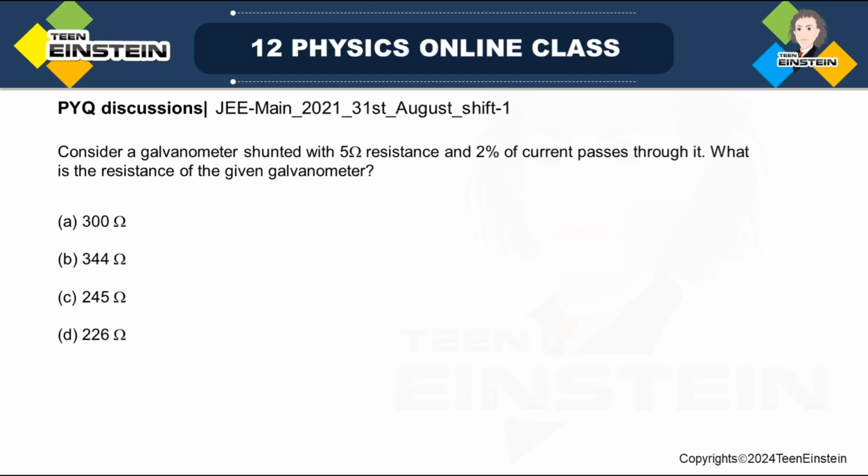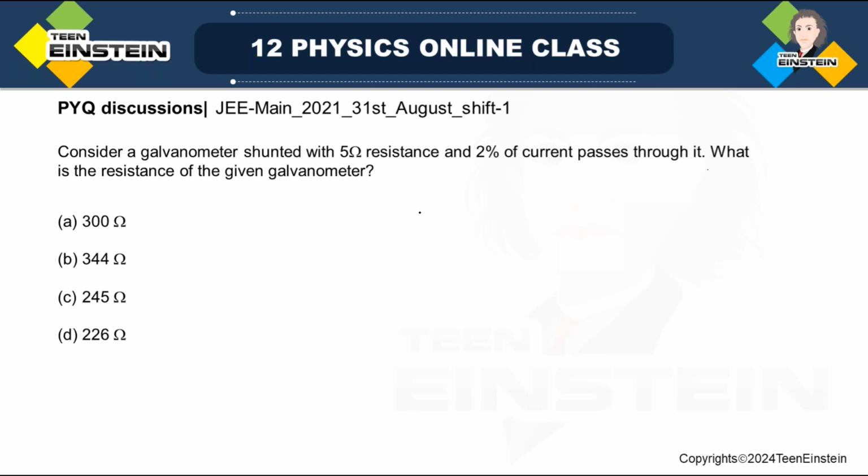What is this problem saying? Consider a galvanometer shunted with 5 ohm resistance and 2% of the current passes through it. What is the resistance of the given galvanometer?